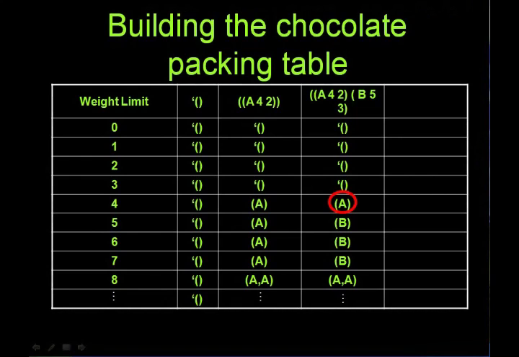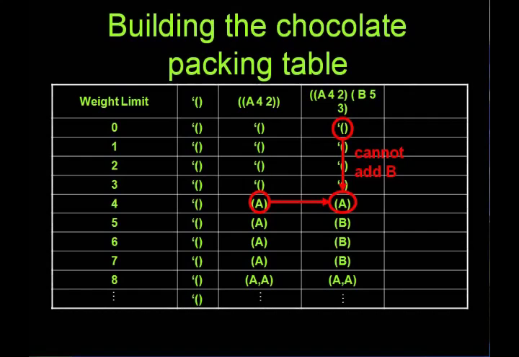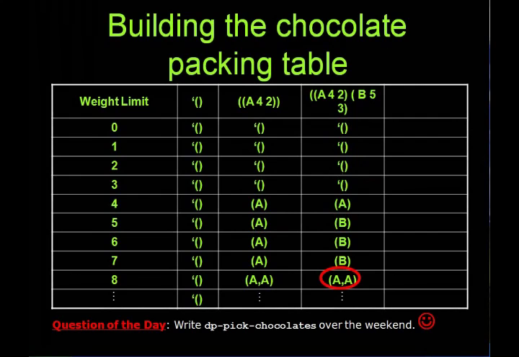Then I compare to this guy, which is A, the best I can do without using B. Once I reach here, I compare 2 things: use 1 B versus don't use B at all. Obviously use 1 B, the answer is 3. Use only A, answer is 2. So B is superior, I use B. So the general idea here is, go and practice and write this DP chocolates over the weekend.